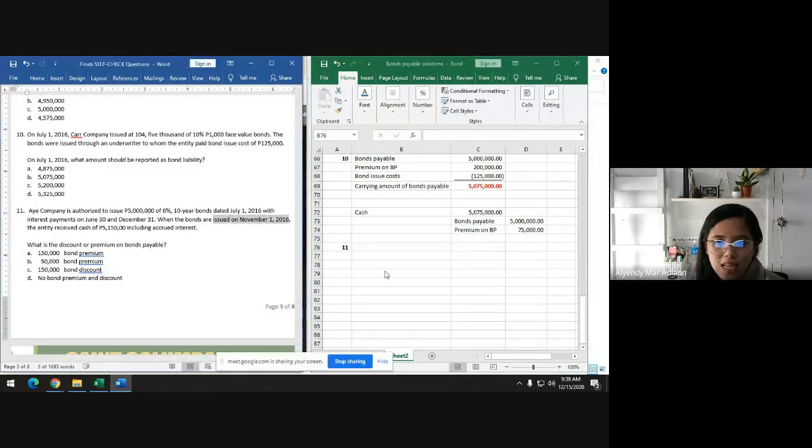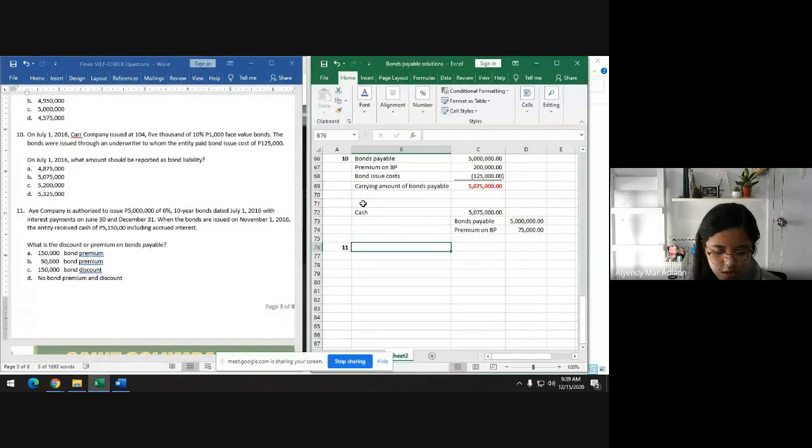Class, the formula for getting the net cash received, that was the face value of the bonds, add accrued interest, and then minus bond issue cost. But in this problem, there is no bond issue cost.